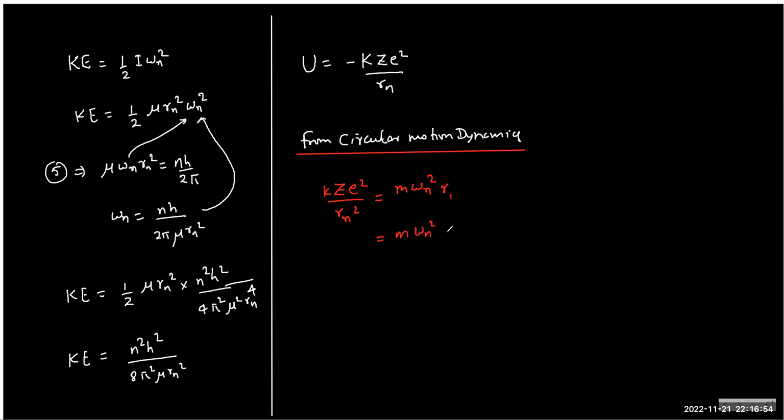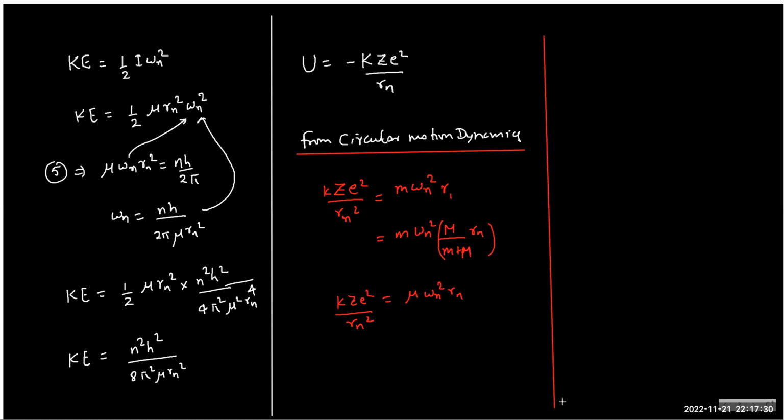So your equation will again look similar: capital M by M plus M Rn. So it looks like again mu omega square Rn. You can always remember these relations. So this is the relationship between the kinetic and circular motion, and I think that will help us in getting the kinetic energy formula in terms of Rn.